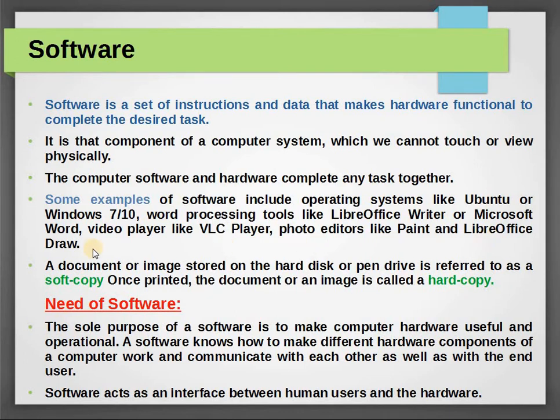A document or image stored on a hard disk or pen drive is referred to as a soft copy. Once it is printed, the document or image is known as a hard copy. So we understand what software is: simply a set of instructions or algorithm to perform a particular operation.